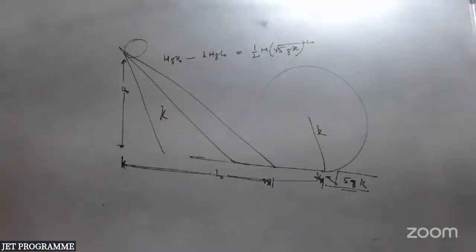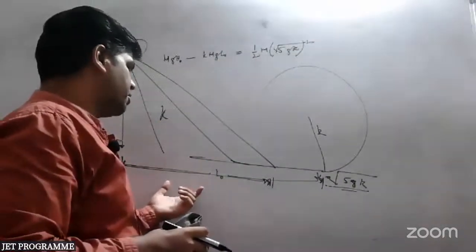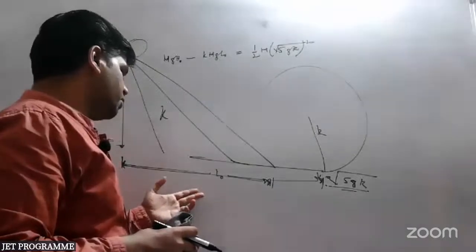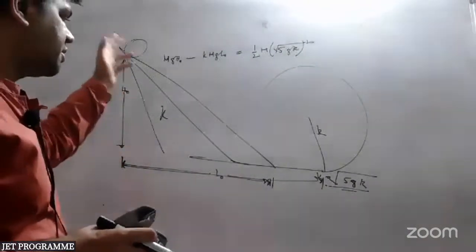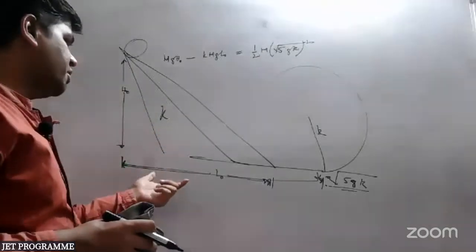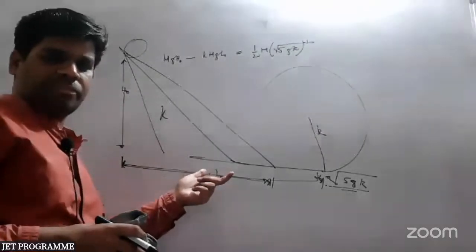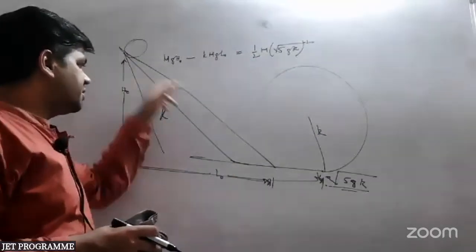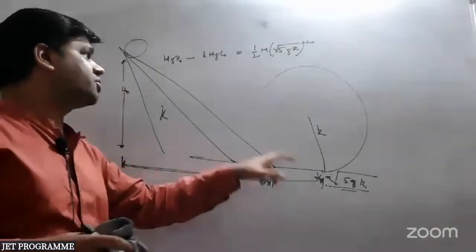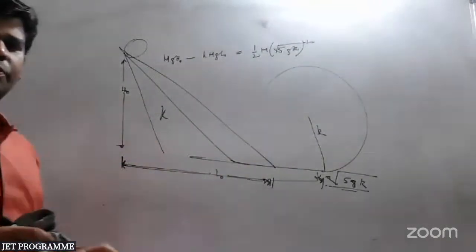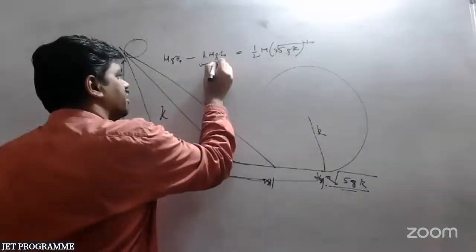Note, if the track is a straight line, my work done by friction depends only on the horizontal displacement of the particle. Which is same here, whether this is the case, this is the case, or any other case. From here to here it is L. So it's written minus mu mgl. But why is it minus mu mgl? Friction force is minus mu mg into displacement L.